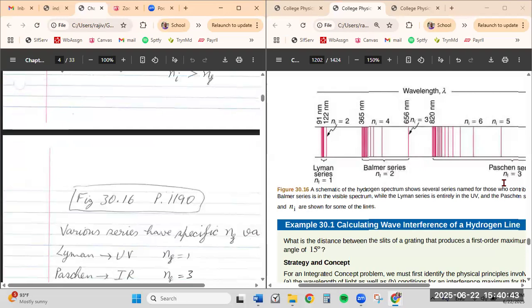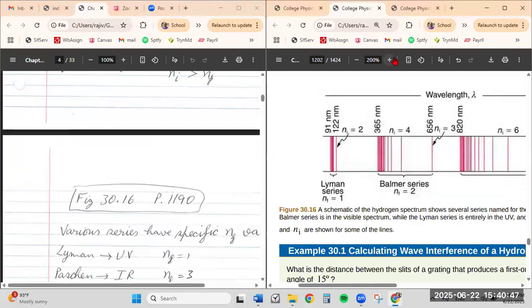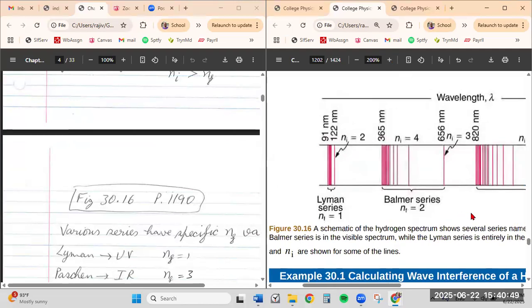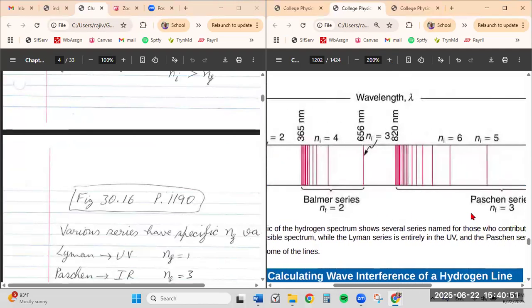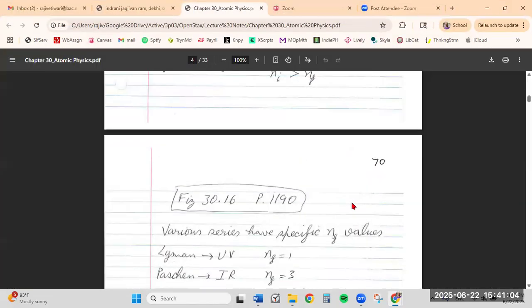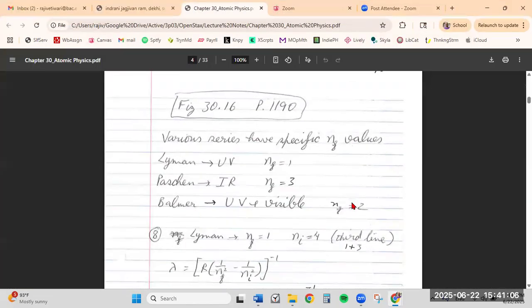So if Ni is 6, NF would have to be less than that. So it can be 5, 4, 3, or 2, or 1. So essentially, various series have specific NF value.